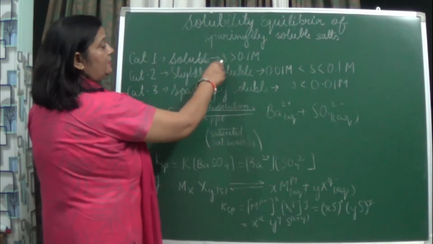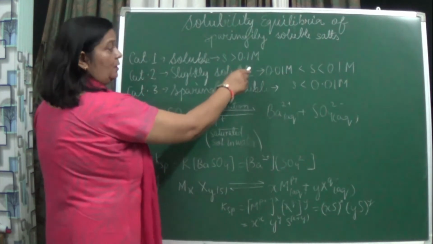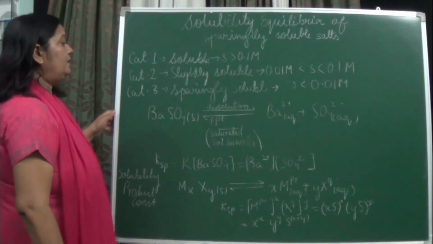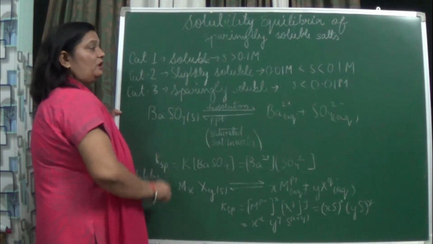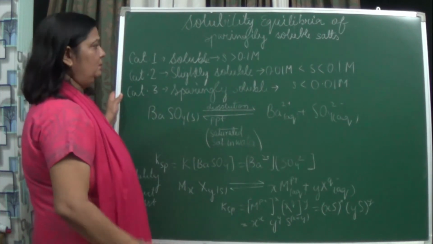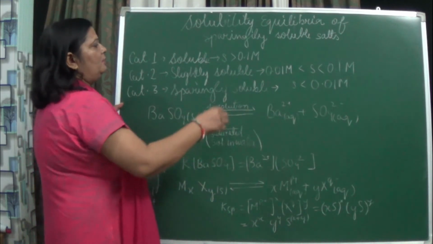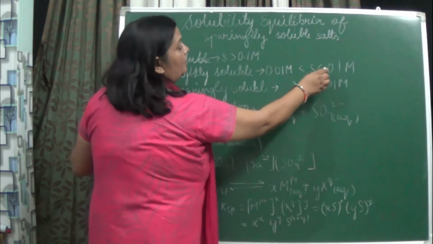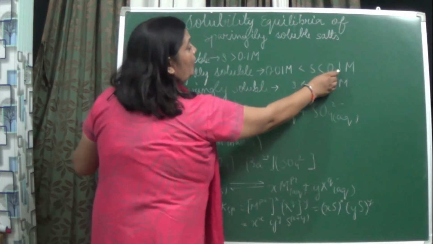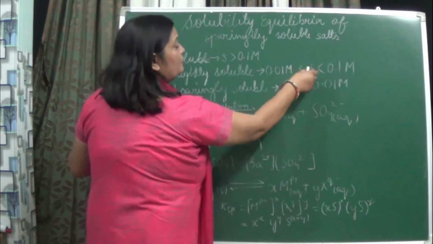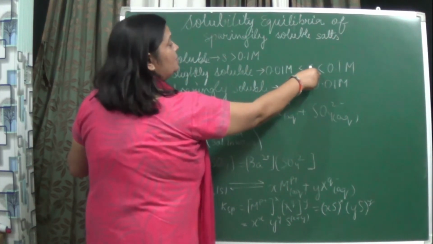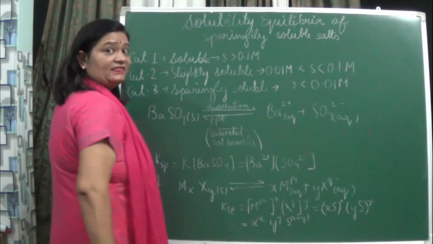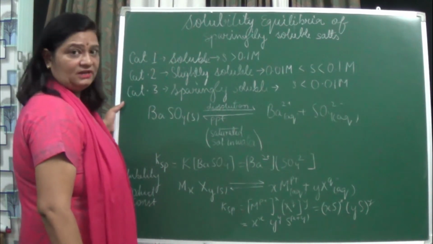So if solubility is more than 0.1 M, then that salt is totally soluble. Slightly soluble means it is less soluble, and its value will be between 0.01 M and 0.1 M.